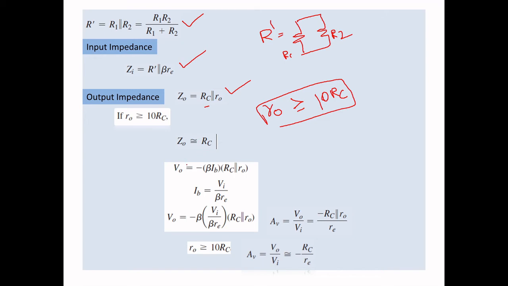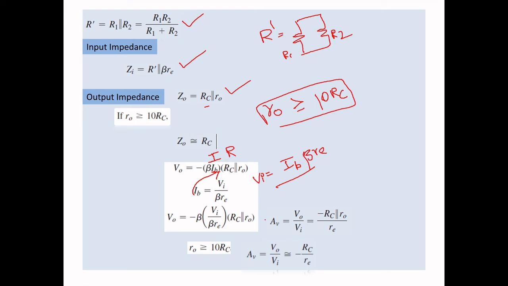Your output voltage, how can you write it? That is current into resistance. The current is beta times IB and the resistance is RC parallel to R naught. Same step that I repeated in the fixed biasing derivation. Then you know the base current is VI by beta RE, obtained from VI equal to IB into beta times RE. Then V naught equals, I have to substitute this IB, minus beta VI by beta RE into RC parallel to R naught.